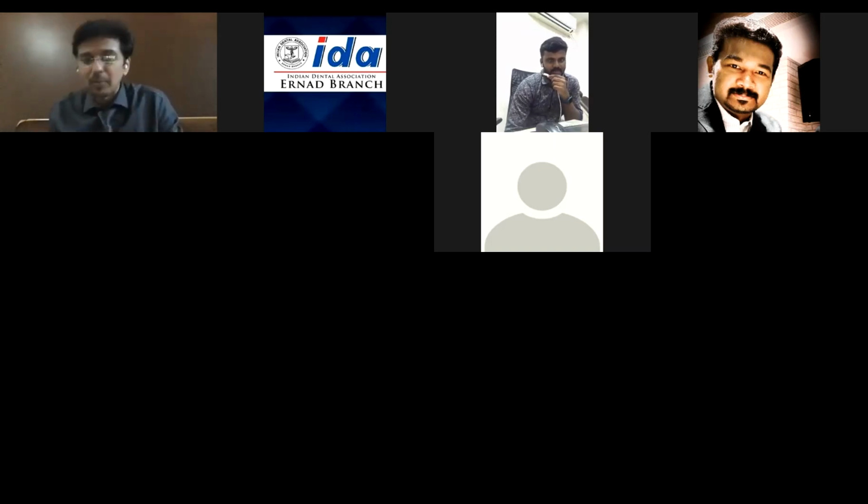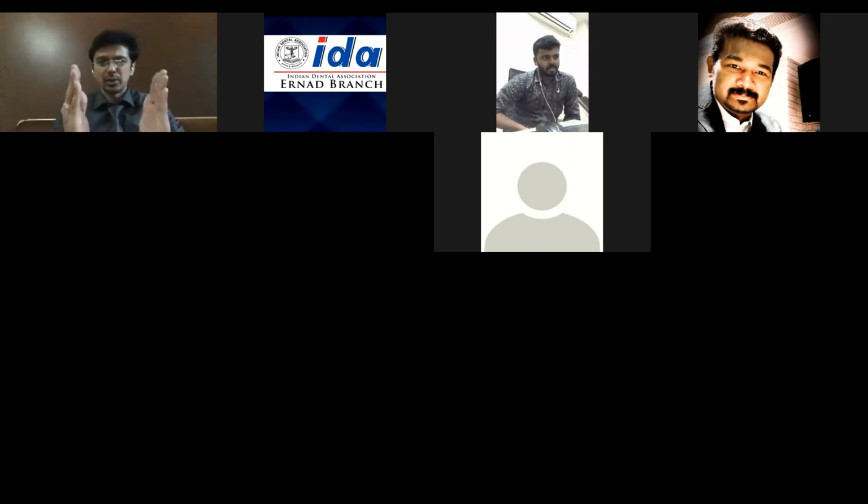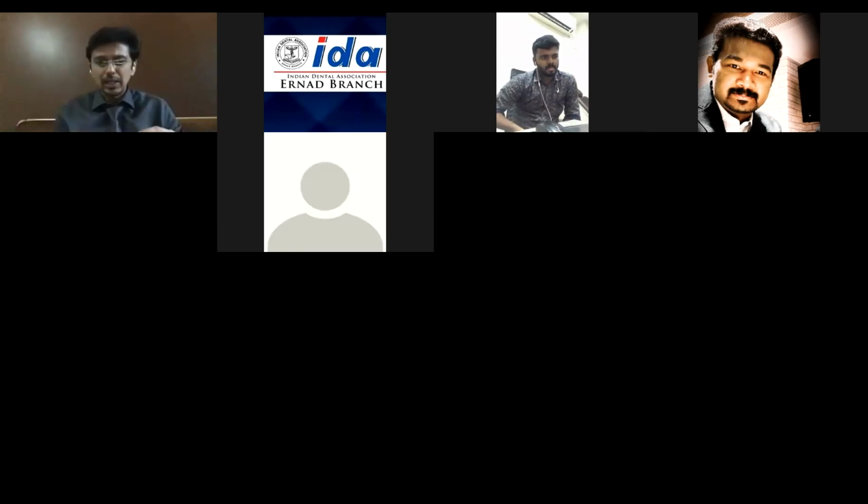Can you please explain emergence profile? Emergence profile basically means how the final prosthesis will appear coming out of the gingival tissues. Many a time, suppose you have placed an implant in a central incisor, and you have placed hardly a 3.3 millimeter diameter implant. Try to imagine your crown, which is like this, and then it is converging like this. Ultimately it appears as if it is like a lemon on a matchstick.